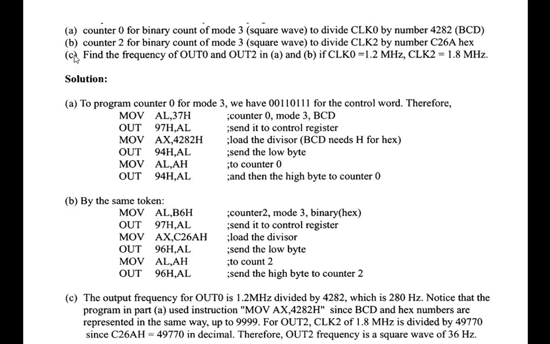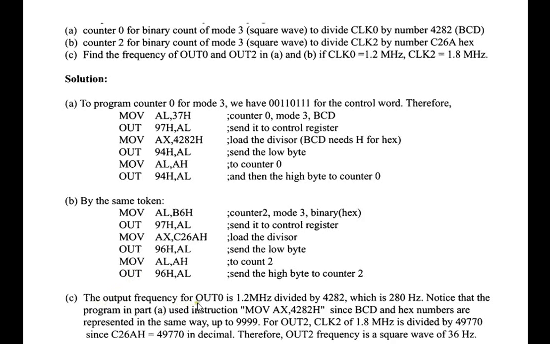Question C is very important: find the frequency of out 0 and out 2 in A and B, if clock 0 is 1.2 MHz and clock 2 equals 1.8 MHz.